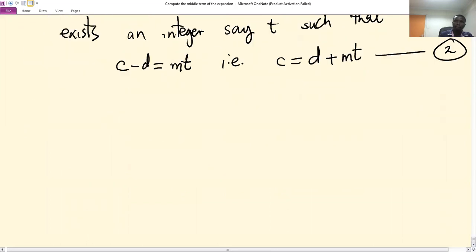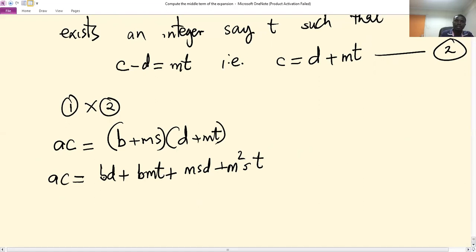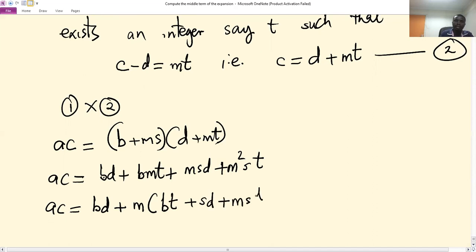Now, what we do in this case, we multiply. So equation 1 times equation 2 will have A times C equals B plus MS times D plus MT. So AC equals BD plus BMT plus MSD plus M squared ST. So we can write this as AC equals BD plus, factoring out M, M(BT plus SD plus MST).